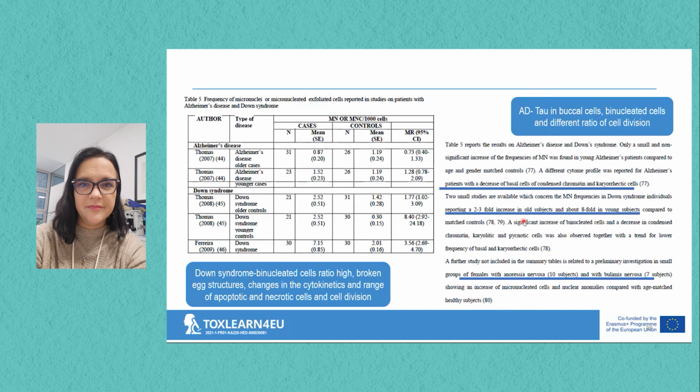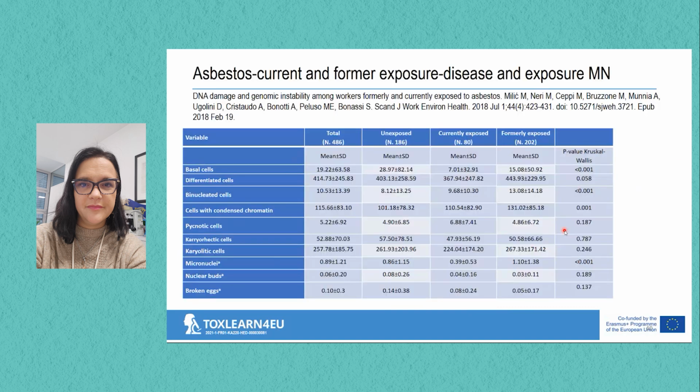As I have already mentioned for diabetes, there was also increased frequency of buccal micronucleus in anorexia nervosa and bulimia nervosa patients. One of our manuscripts has also explained the connection between exposure and development of diseases in asbestos current and former exposed workers.